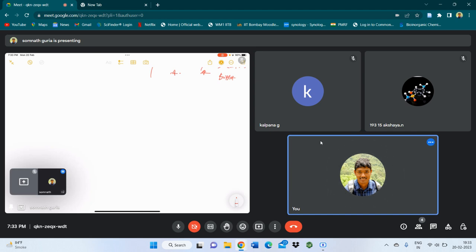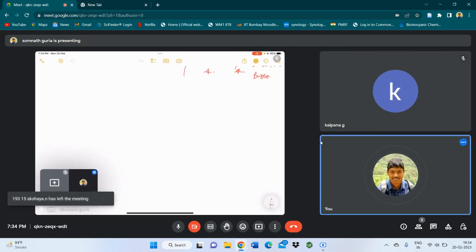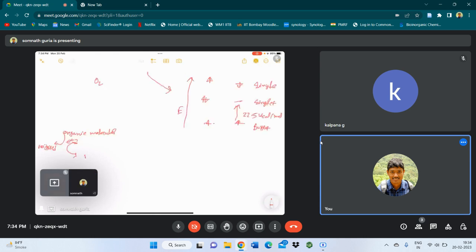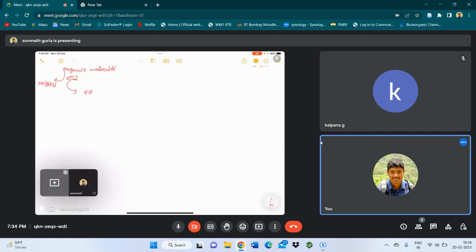It provides the electron to the pyridoxine. Pyridoxine comes to NAD.